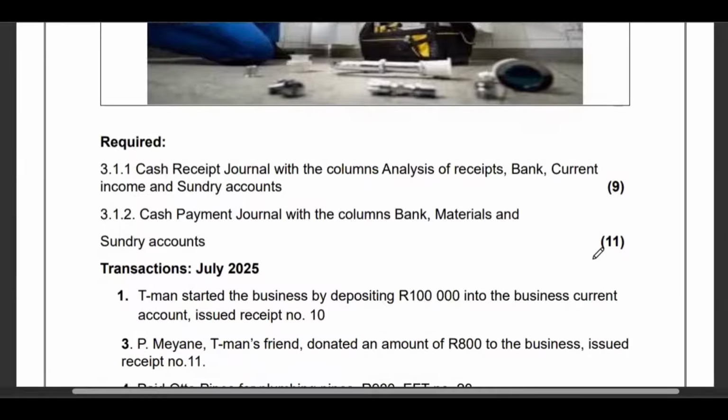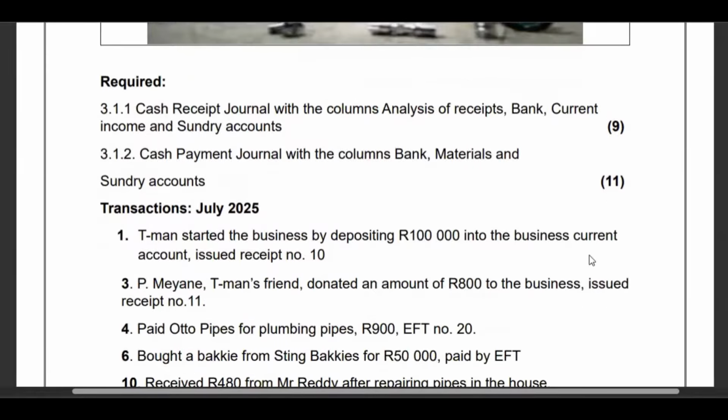For 3.1.1, there's a CRJ with the column analysis of the receipts, the bank, the current income, as well as the sundry accounts. That's gonna be 9 marks. And then we have a CPJ with the columns, bank, materials, as well as the sundry accounts for 11 marks.